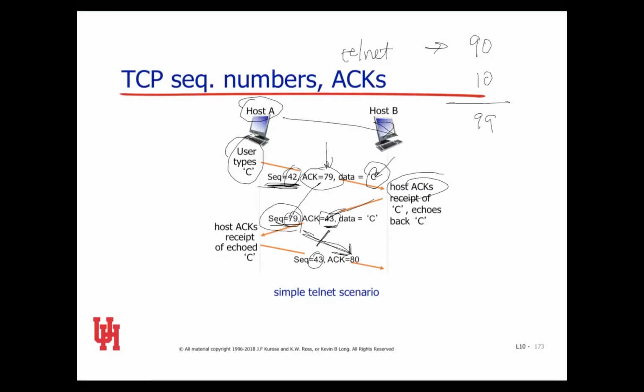It's 99. Don't believe me? 90, 91, 92, 93, 94, 95, 96, 97, 98, 99. That's 10 bytes. But we always think that 90 plus 10 is 100. Well, it is in our numbering scheme, but when we're sending packets, we count the first one. So to make this easy, I will just do the normal addition because that's what the CPU is going to do as well. And I'll add 90 to 10 and I'll acknowledge 100. So the way to think about it is you're always acknowledging the next packet you expect to receive.